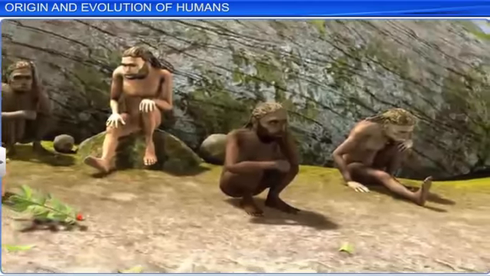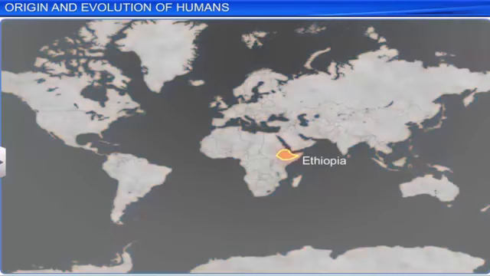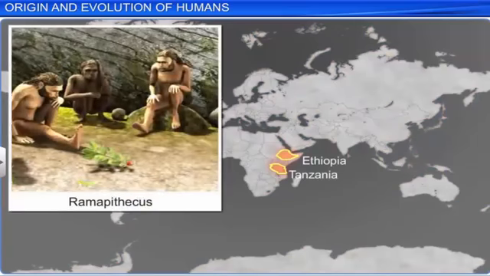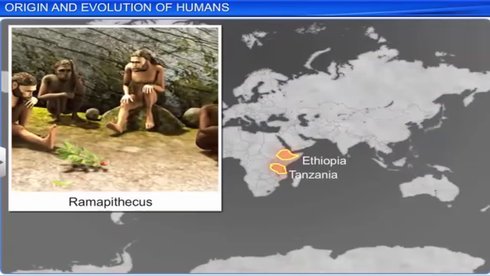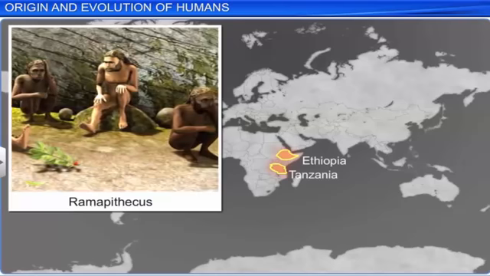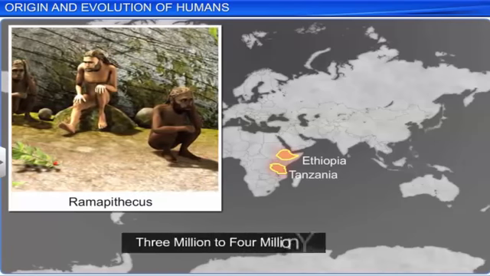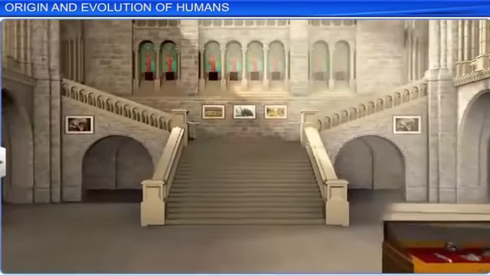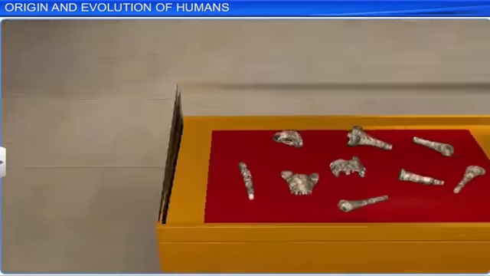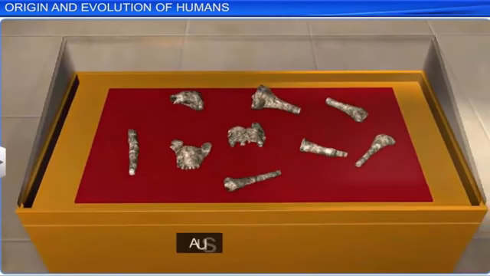Fossils of man-like bones have been discovered in Ethiopia and Tanzania. These bones suggest that Ramapithecus, who had hominid features, had lived in Africa almost 3 million to 4 million years ago. The fossils found in the grasslands of East Africa narrated the next stage of the story of human evolution.